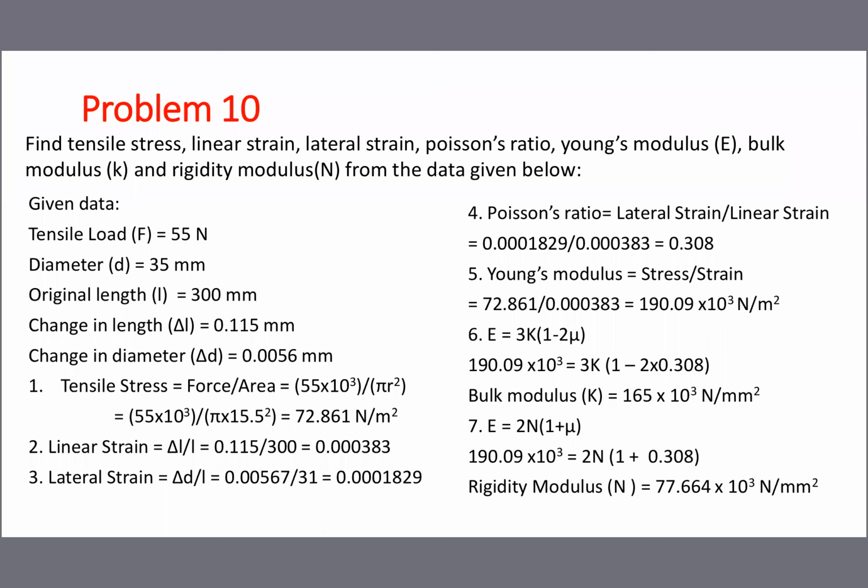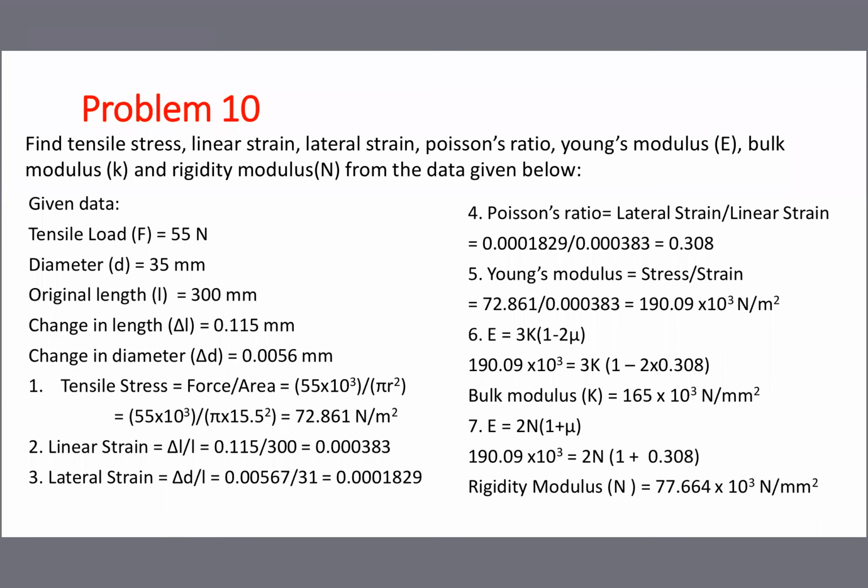Don't take lateral strain. Stress we calculated 72.861, divided by linear strain 0.00383. You will get 190.09 into 10 power 3 Newton per meter square. Young's modulus has a unit.